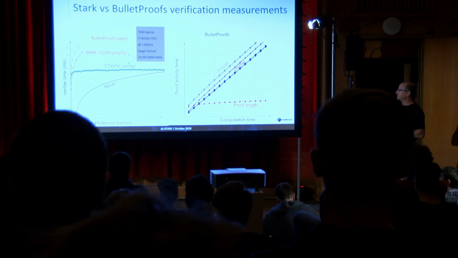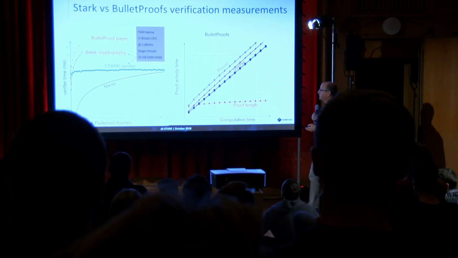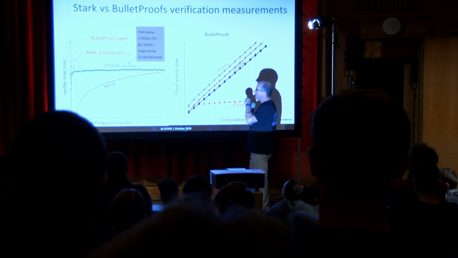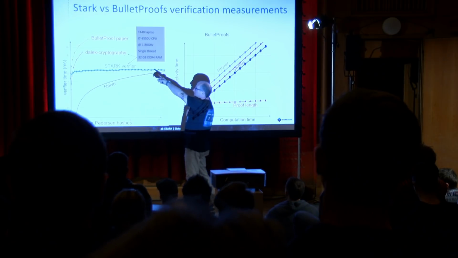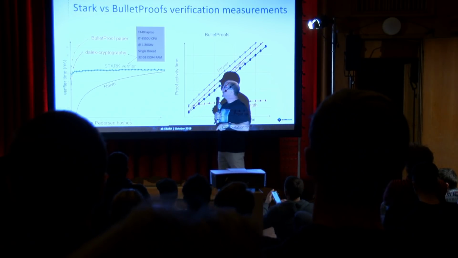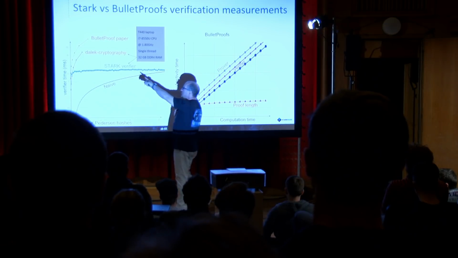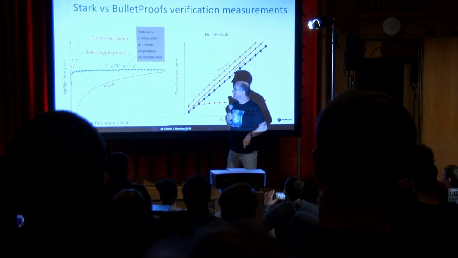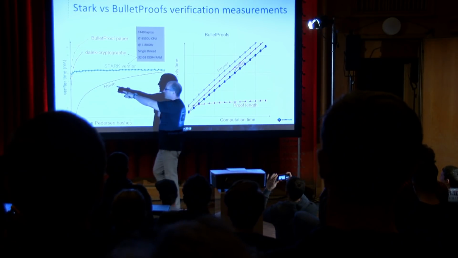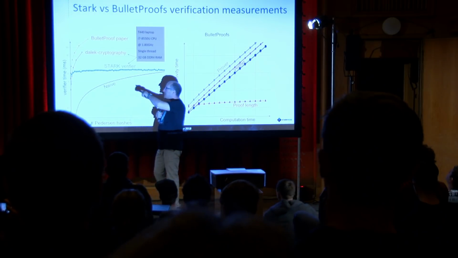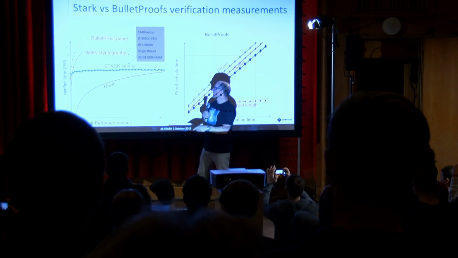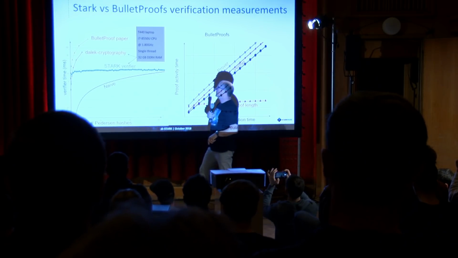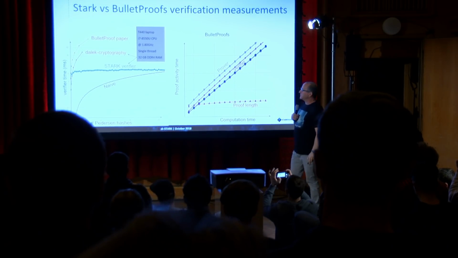I just want to show you some actually measured times for verification, both as I extracted them from the Bulletproofs academic paper, and from a much better open source library called Dalek Cryptography. For this graph, I also executed the Stark verifier on my computer, and here are some numbers.